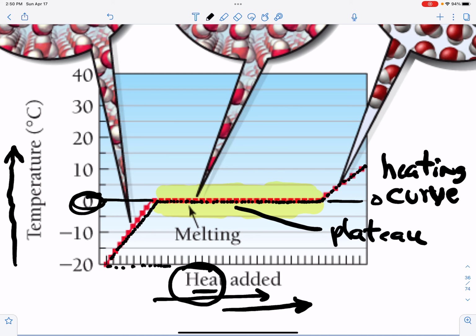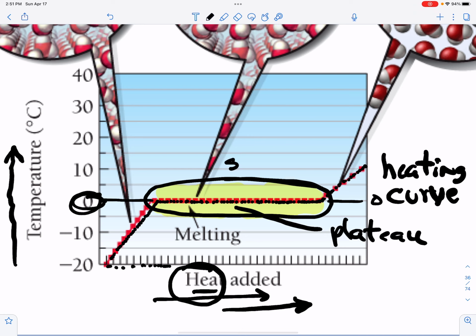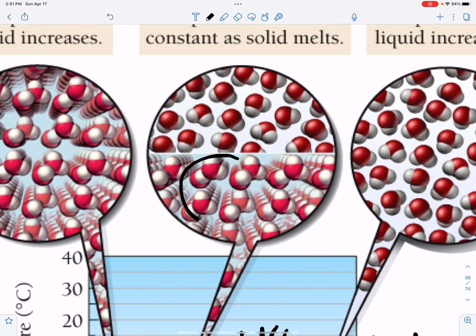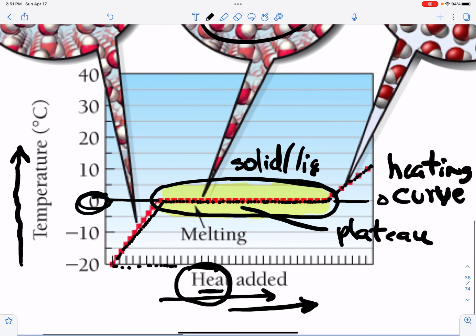Whenever you're doing a graph like this, when you are warming up or cooling matter, if you see a part of the graph where the temperature doesn't change at all, that is where the phase is changing. In this case, it's going from solid to liquid, and that would be the part where both phases are present in a perfect equilibrium, going back and forth. So that's something you can understand from the heating curve.